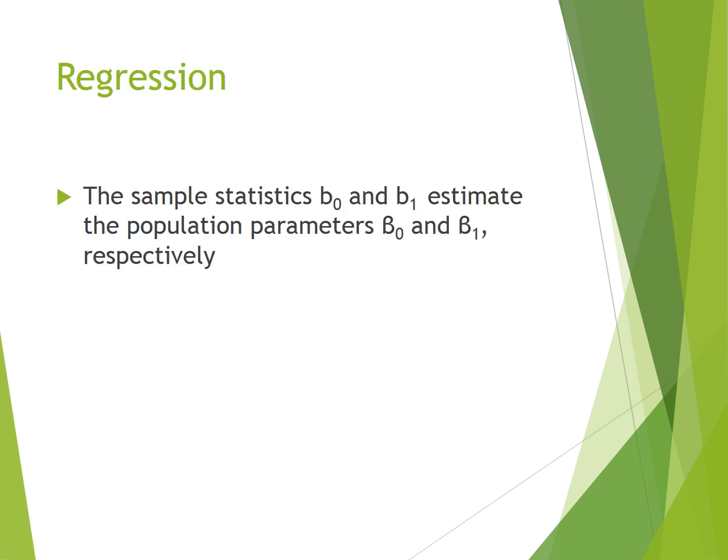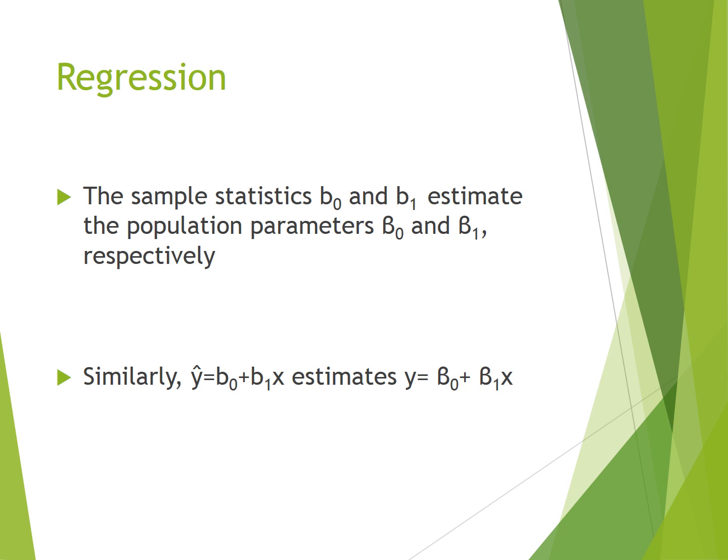Sample statistics b sub 0 and b sub 1: if you looked at the equation of the line and think back to high school when you did y equals mx plus b, well, b1 is like the m, the slope, and b0 is like the y-intercept. And they're used to estimate my population parameters of beta sub 0 and beta sub 1, respectively. So we have this equation of a line, y hat equals b sub 0 plus b1x.